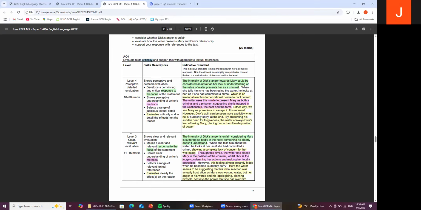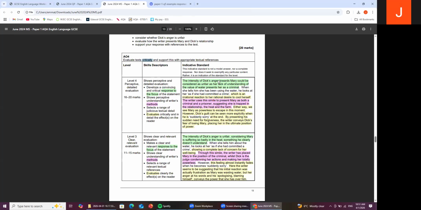If we jump up to level three and level four, I will just focus on level four here. So a level four response shows perceptive and detailed evaluation. And as you can see, we've got the color code breakdown here: response to the focus of the statement, shows perceptive understanding of the writer's methods, selects a range of judicious textual details and evaluates critically and in detail the effects on the reader.